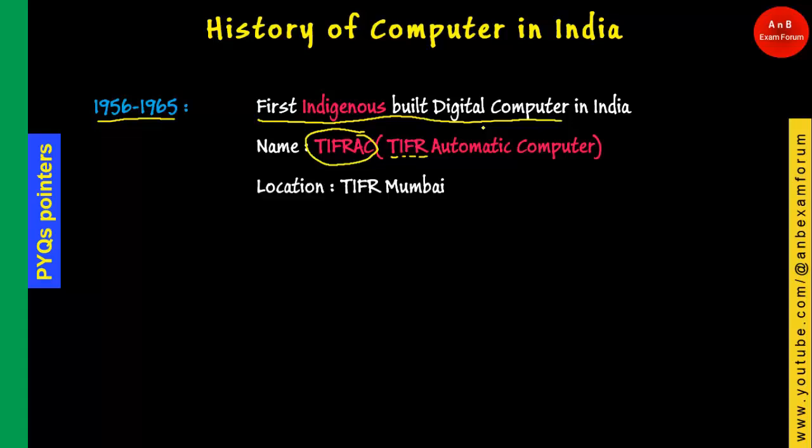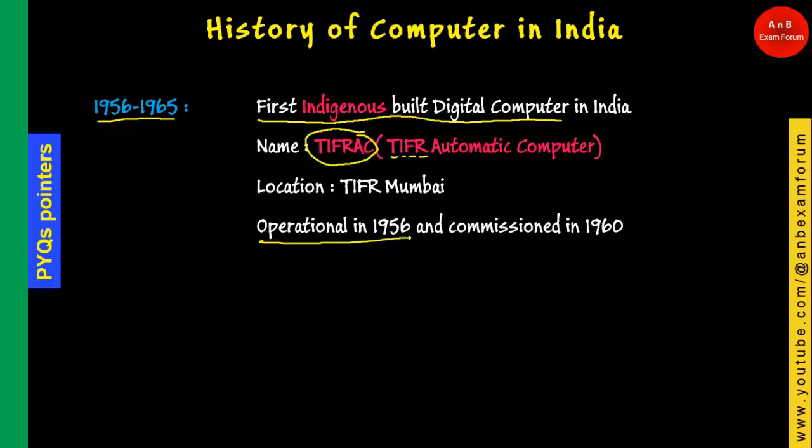The location is the Tata Institute of Fundamental Research, Mumbai, and it was operational in 1956 and commissioned in 1960. Sometimes they ask the date, so just remember it was operational in the year 1956.